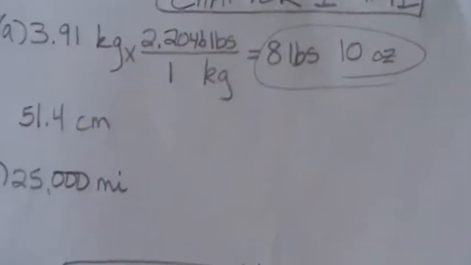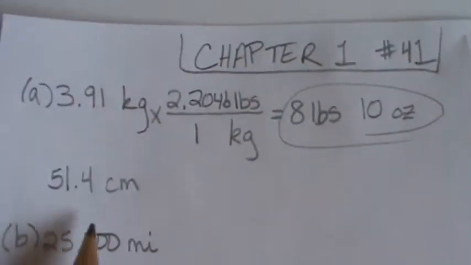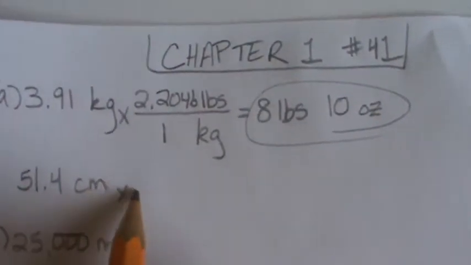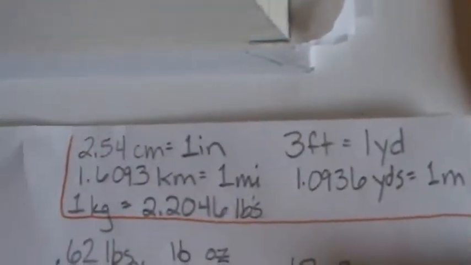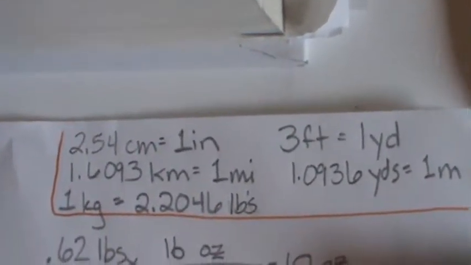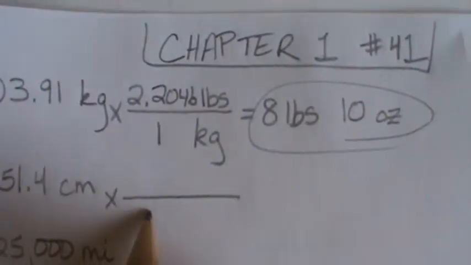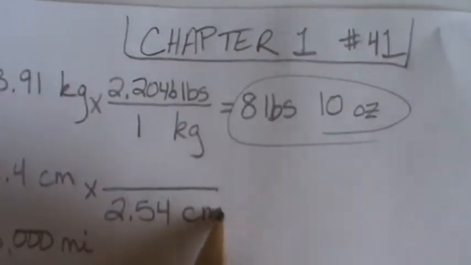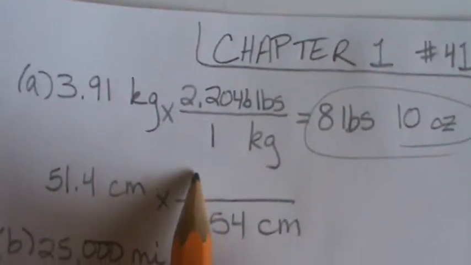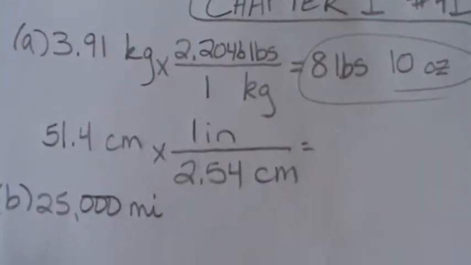The second part of A says that our baby is 51.4 centimeters long, and we need to change this to inches. This is a very simple conversion. 2.54 centimeters is to 1 inch, and that's the one that we have that's exact. So we put our centimeters on the bottom and our inches on the top. This is very straightforward.